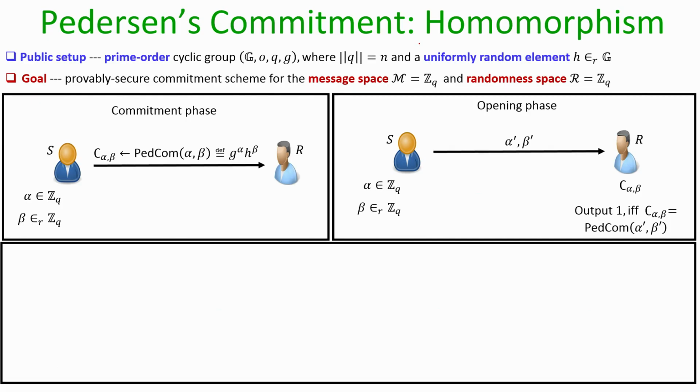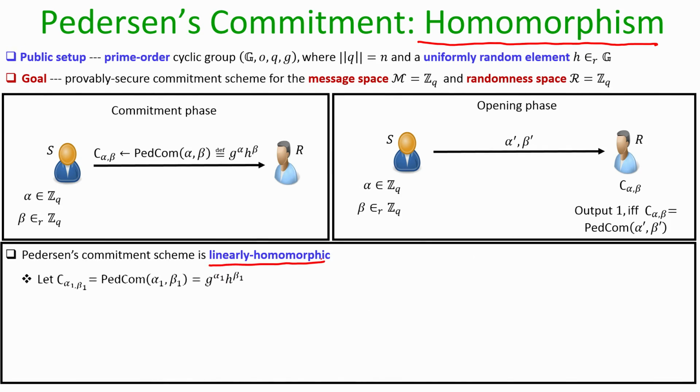So, I would like to end this lecture with another interesting feature of this Pedersen commitment scheme, which we call the homomorphism property. I am retaining the commit phase and the opening phase of the Pedersen commitment scheme, and this scheme is linearly homomorphic. What exactly I mean by that is, imagine you are given a commitment of some unknown alpha 1 with respect to an unknown randomness beta 1.